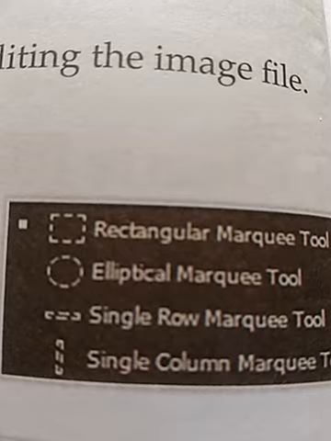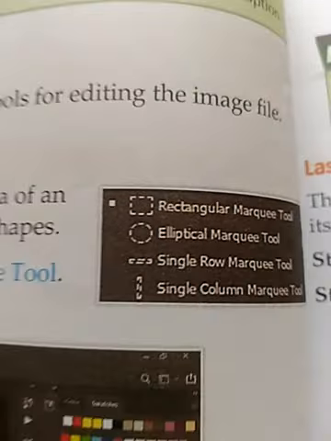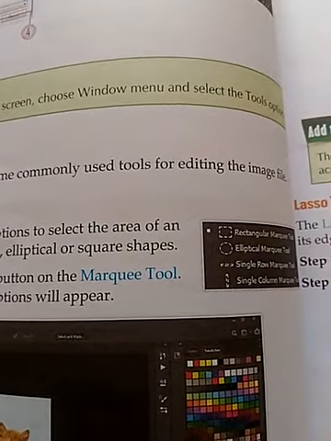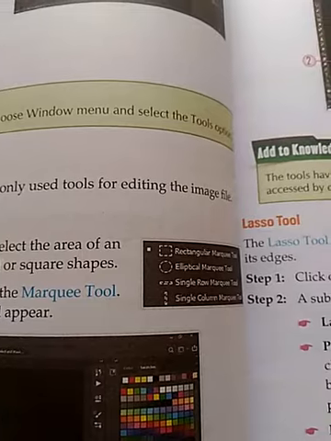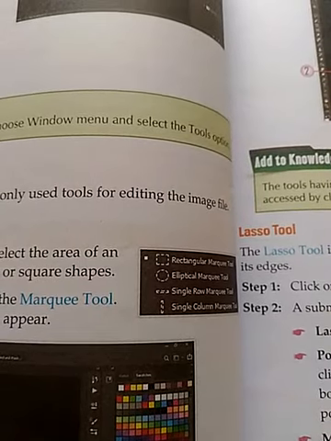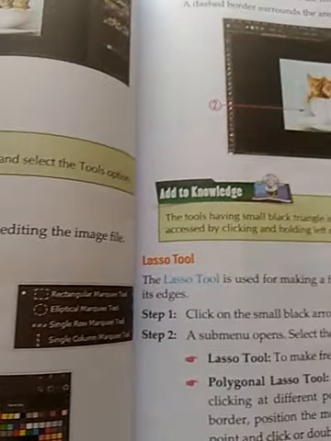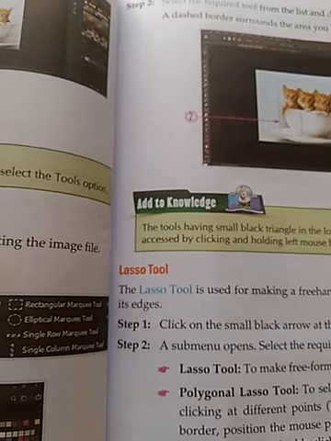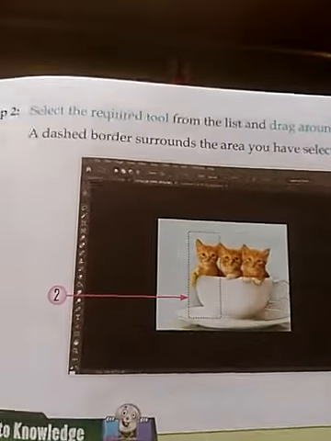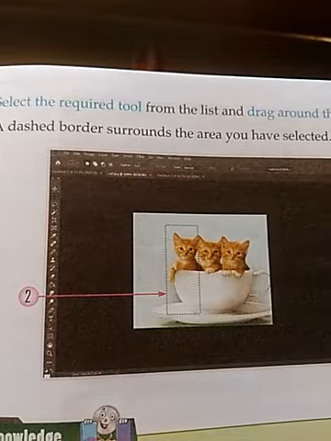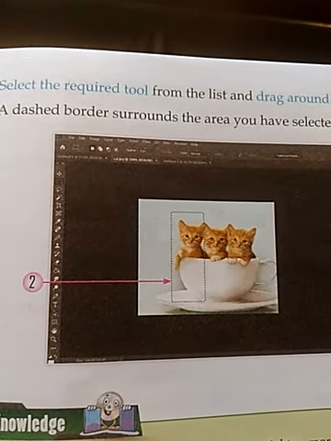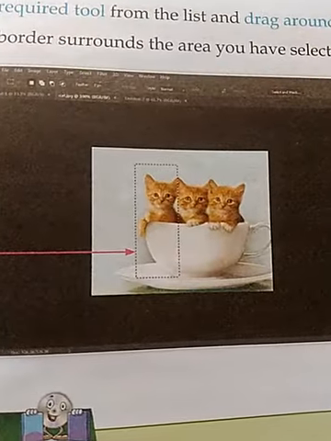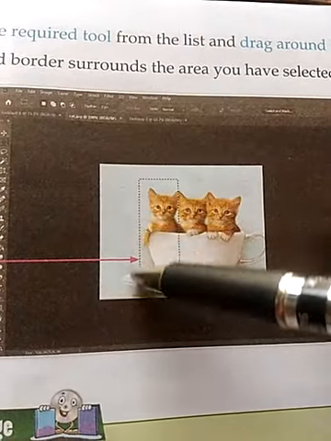If you select this option rectangular Marquee tool, then you can select an area on the image in the rectangular form. In elliptical Marquee tool, you can select the area in a circular way. So we have selected the rectangular Marquee tool by simply holding the left mouse button and dragging your mouse over the image for which you want to have the selection.